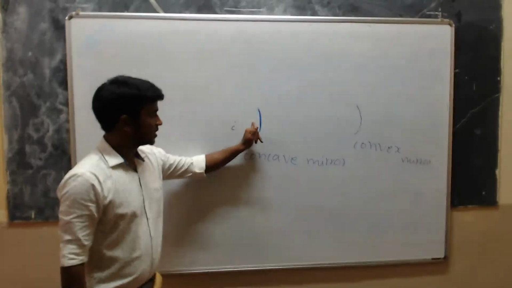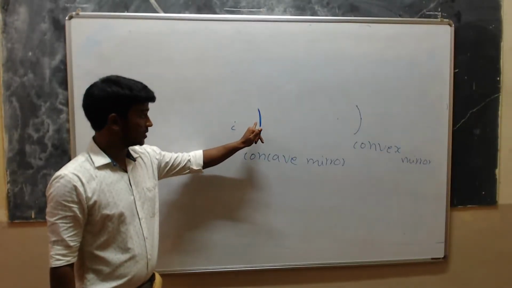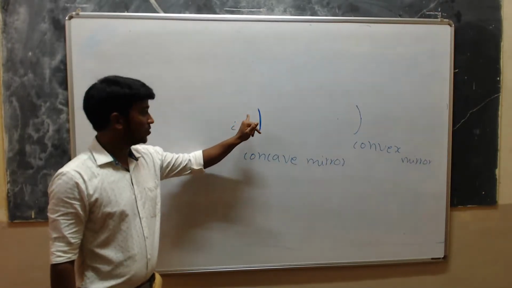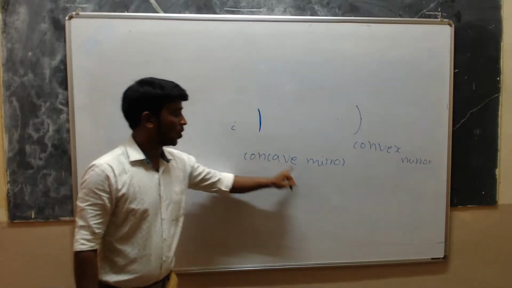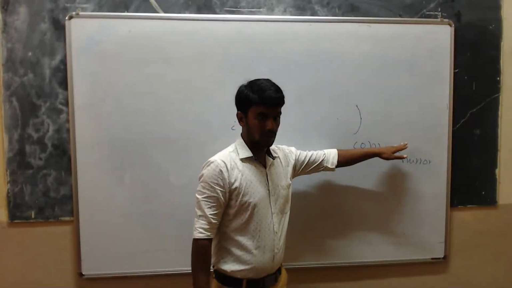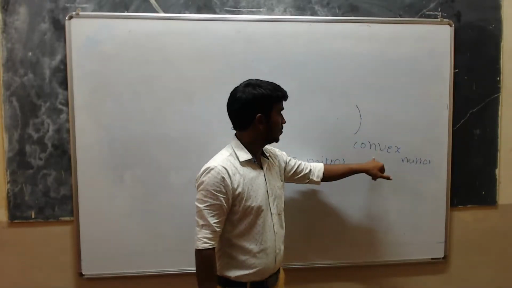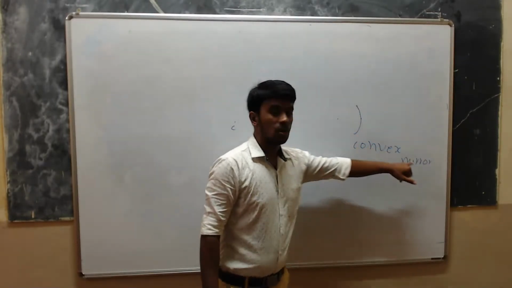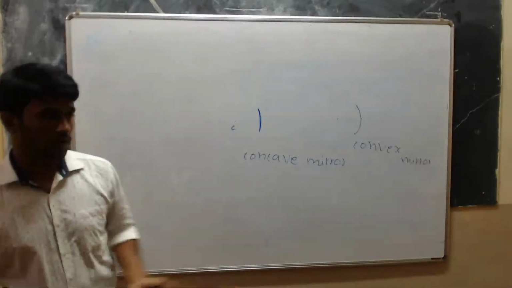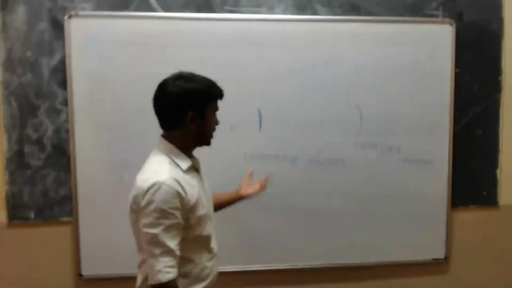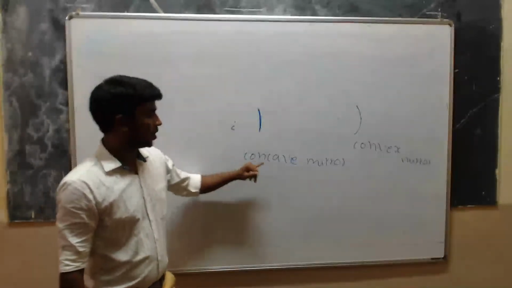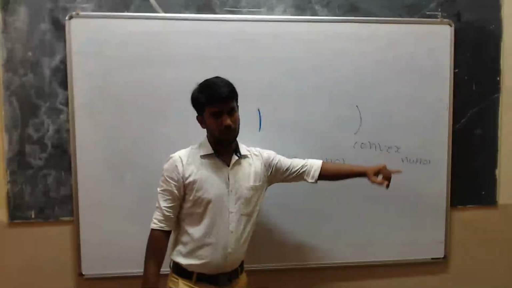If the reflecting surface is curved inwards, or faces the center, then we call that mirror a concave mirror. And if the reflecting surface is outwards or away from the center, then we call that mirror a convex mirror. Among curved mirrors there are different types, plano, concave, convex, etc. But this year you are going to study the reflection of light in a concave mirror and a convex mirror.